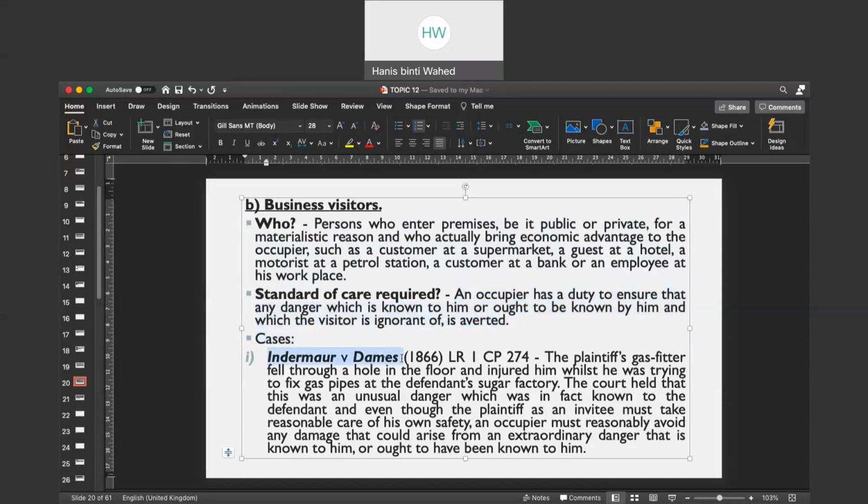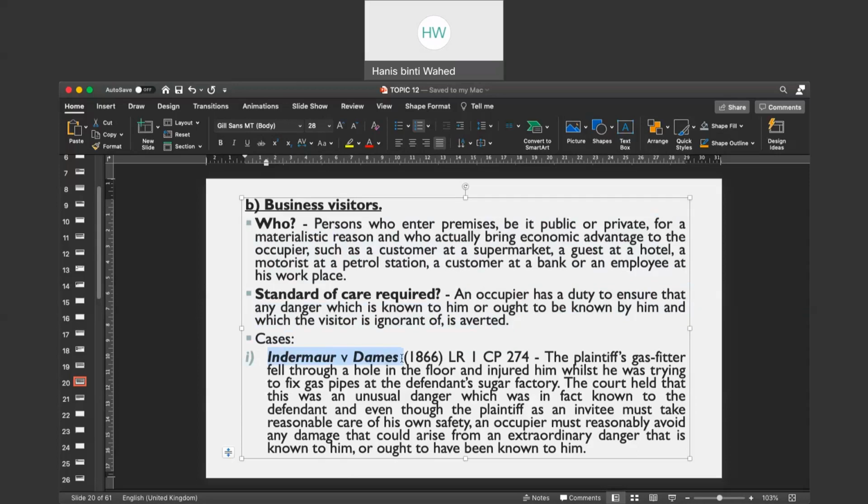Dalam case ini, please read the facts of the case, but basically the court stated that an occupier must reasonably avoid any damage yang boleh arise daripada unusual danger or extraordinary danger that is known to him ataupun ought to have been known to him.